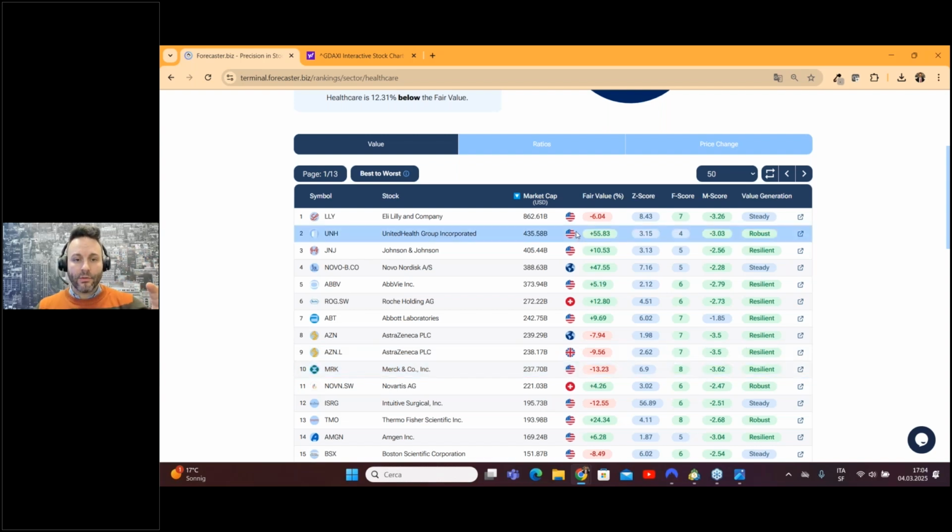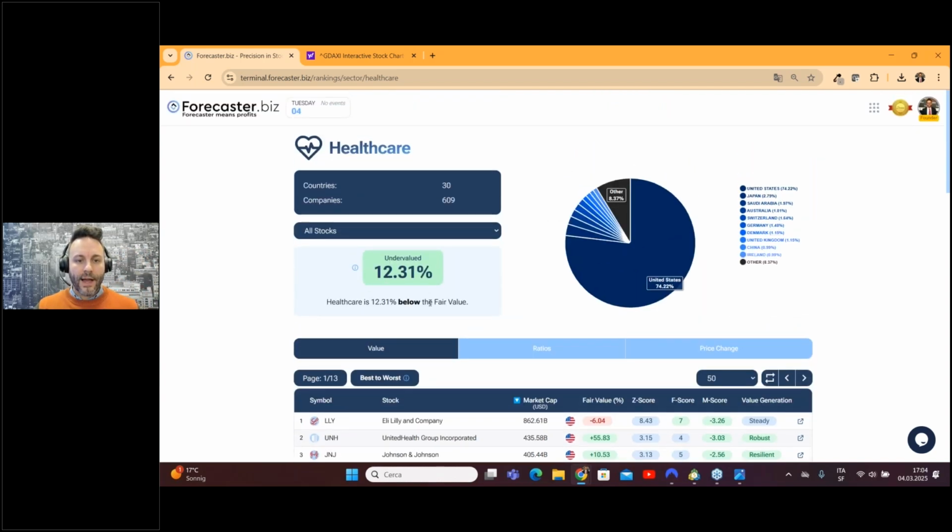Also for the sector, you can find if the whole sector is over or undervalued. Talking about the healthcare sector, for example, at the moment it is undervalued by 12%.